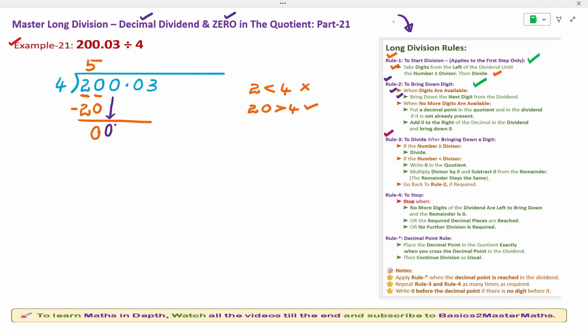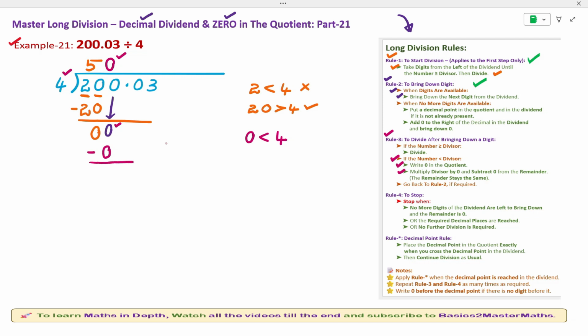Observe, now the number becomes 0, which is less than the divisor 4. So, as per rule 3, if the number is less than the divisor, write 0 in the quotient, then multiply divisor by 0 and subtract 0 from the remainder. 4 zeros are 0.